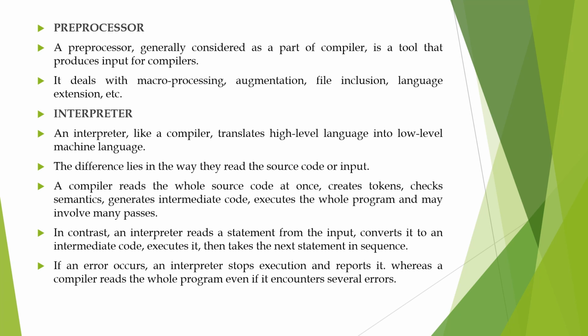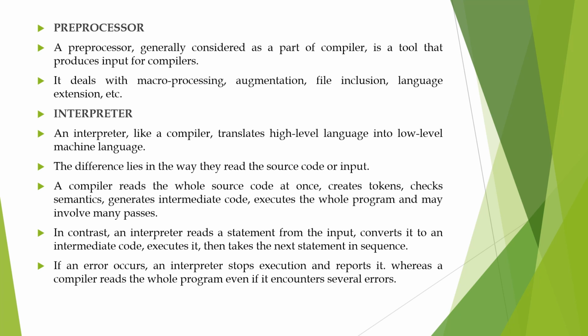The difference between the compiler and the interpreter is in the way they read the source code or the input. A compiler will read the whole source program at once and it creates tokens. Then it checks semantics, then it generates intermediate code, then executes the whole program and may involve many passes.